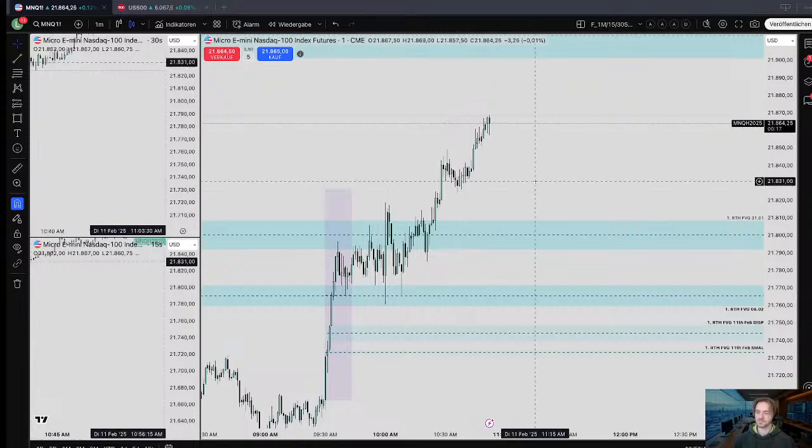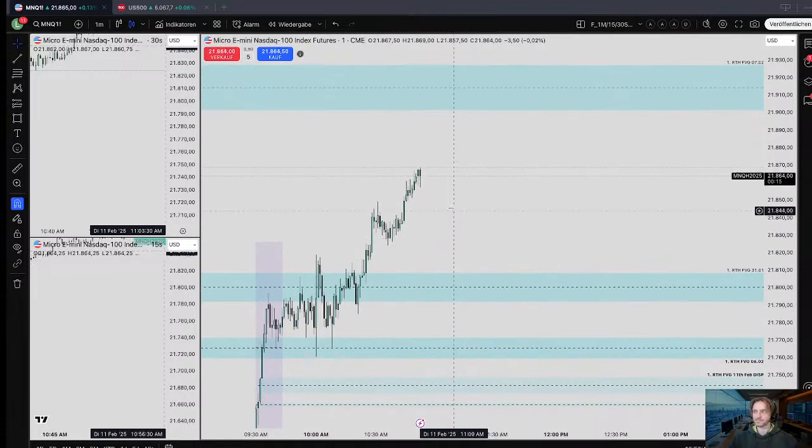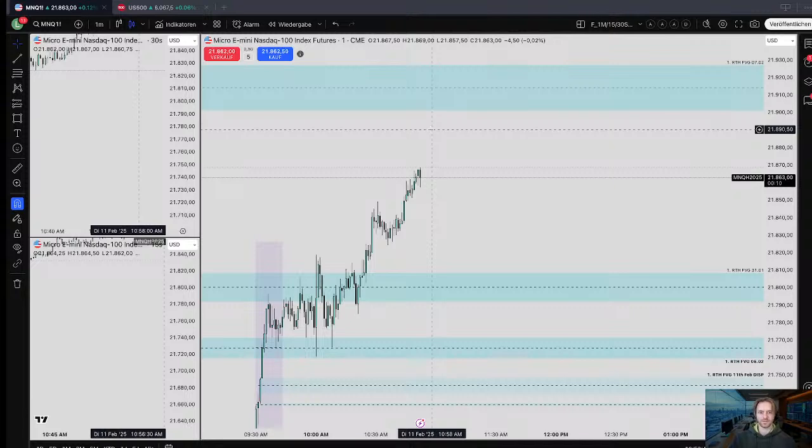This will be my setup if it comes to here within the next 20 minutes. Now the macro is starting. It started 2 or 3 minutes ago.